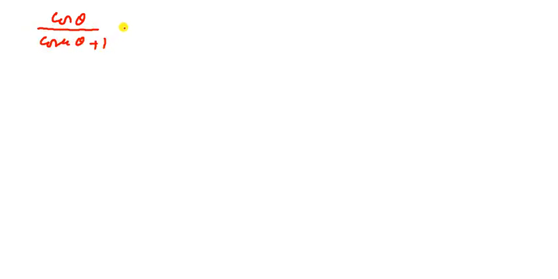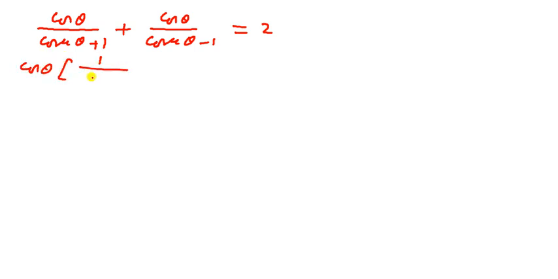The next question is cos theta upon cosec theta plus 1 plus cos theta upon cosec theta minus 1 equal to 2. Now solve this. It is similar to the above question.